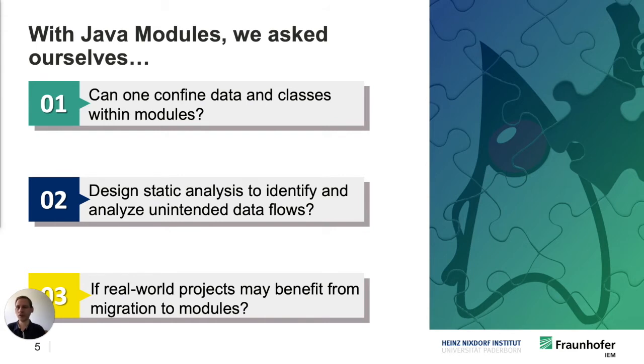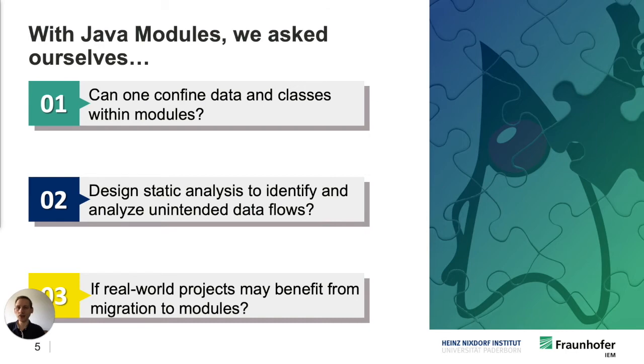And can we design a static analysis to identify and analyze unintended data flows between modules that hurt confidentiality, such that internal types, classes, methods, fields, values are exposed to the outside, or violate integrity, in that internal fields, for instance, can be modified from the outside? And furthermore, we ask if real-world projects can easily benefit from migrating to modules by confining their internal types.